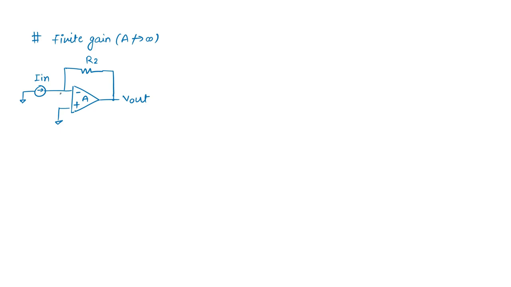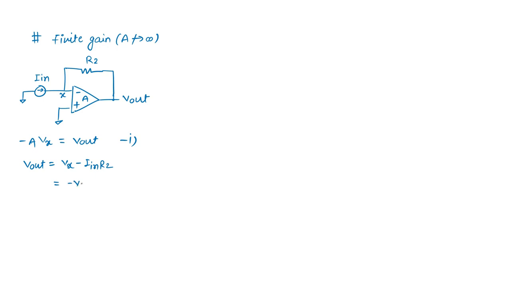So let me call this Vx, the value of the node X or inverting node. What you can see, minus A times Vx is giving me the output. This is one equation that we can see. And one more thing is that the output has a different relation also. Output is Vx minus Iin R2. So what is Vx?